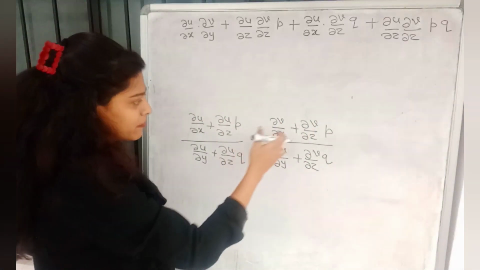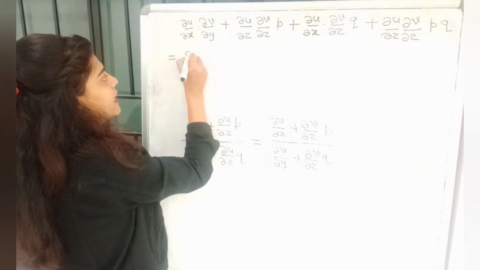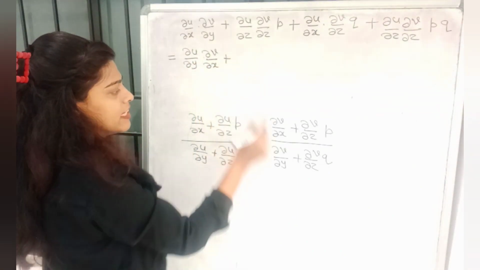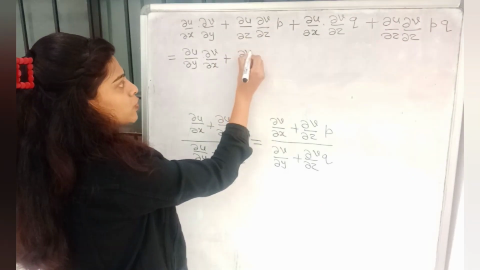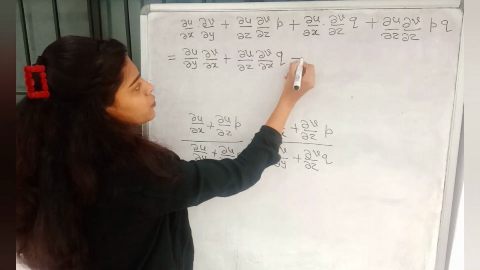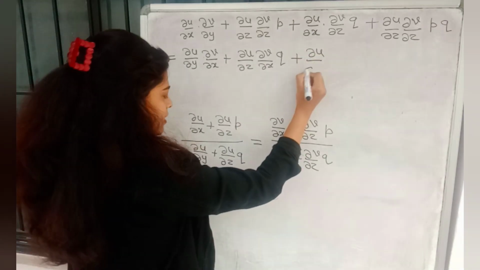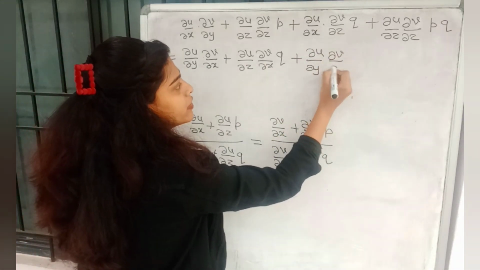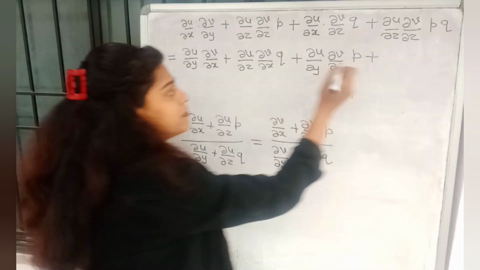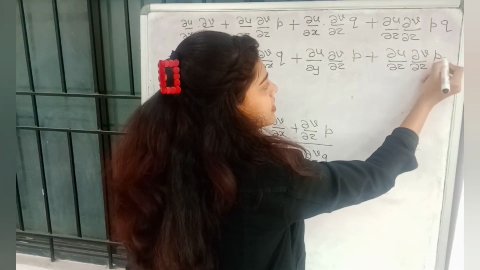Now we are going to multiply this term into this term, that is equal to: the first term will be this term into this term, that is ∂u/∂y into ∂v/∂x, plus this term into this term, that is ∂u/∂z into ∂v/∂x into this q, plus the next term will be this term into this term, that is ∂u/∂y ∂v/∂z into small p, plus the last term will be this term into this term, that is ∂u/∂z into ∂v/∂z into this p into q.